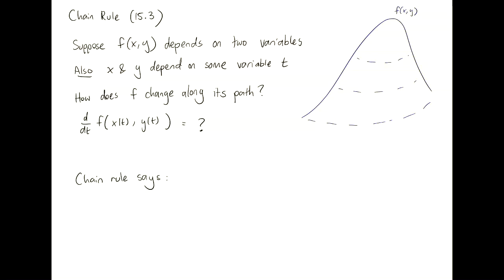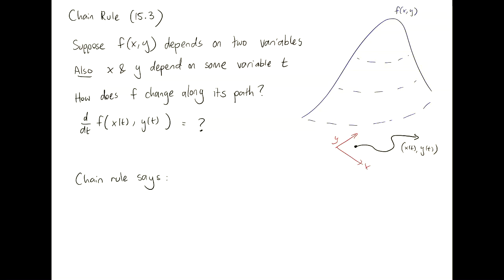What I mean by that is we have some f of x, y, which I've drawn there, and we're going to say, this is x, this is y. So we have some curve in x and y. This curve is x of t, y of t.